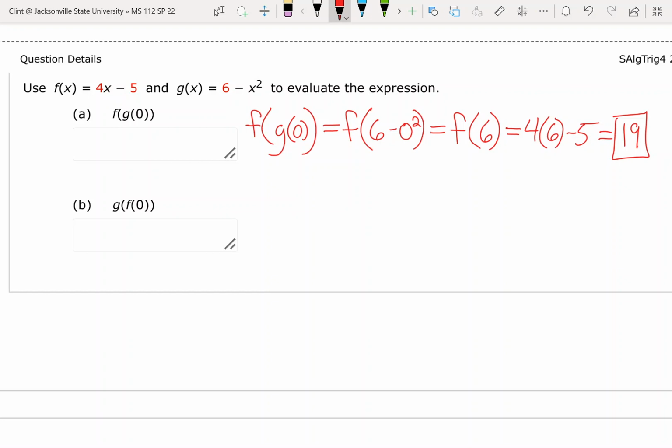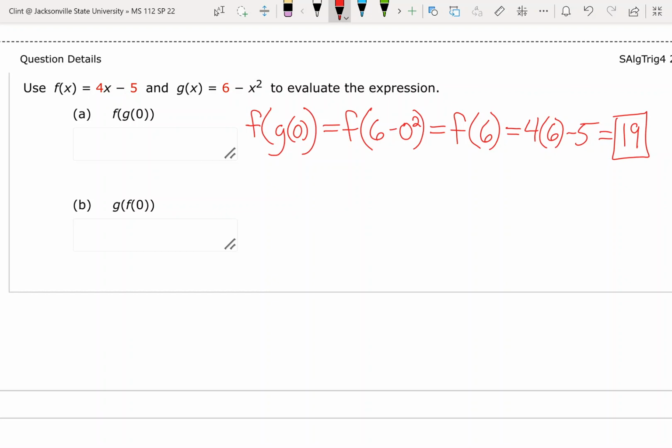Okay, all right. So this says g of 0. That means we're going to take 0 and plug it in for x here. So then that's 6 minus 0 squared. So g of 0 is 6 minus 0 squared. When we figure that out, that's just 6 minus 0, so it's just 6.